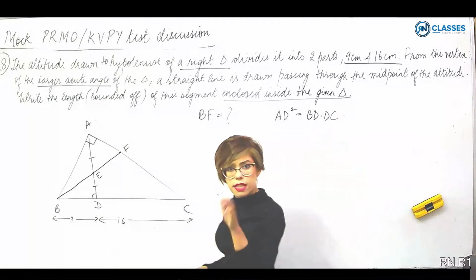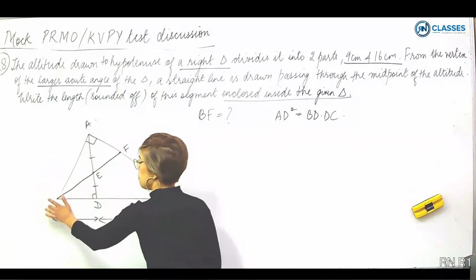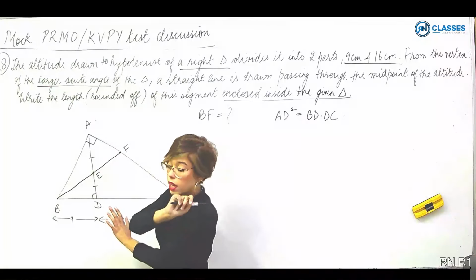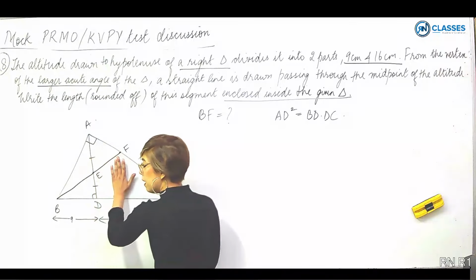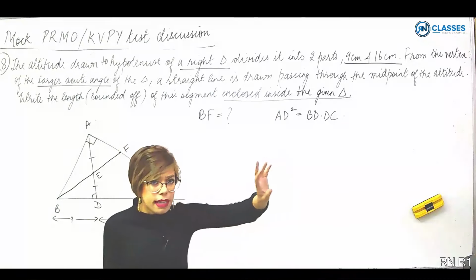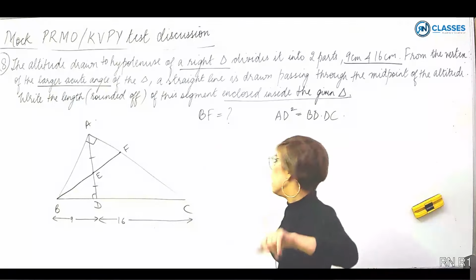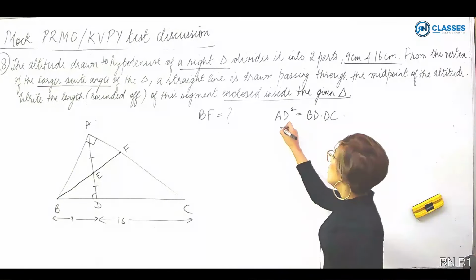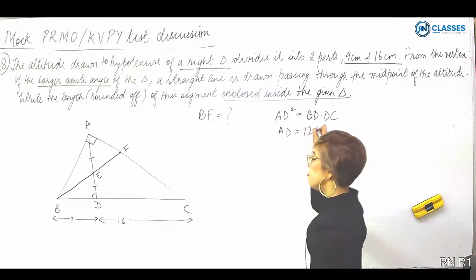Because these two triangles, ABD and triangle ACD, are similar to one another, this relationship comes up. You have done that many times, so I'm not going to reiterate that. So basically, I will get AD square as 9 into 16. I will get the length AD as 12.